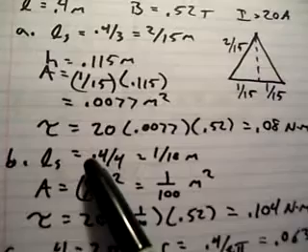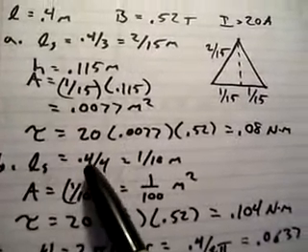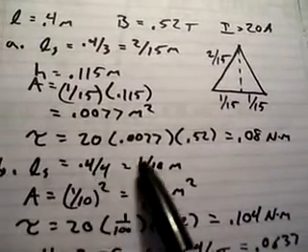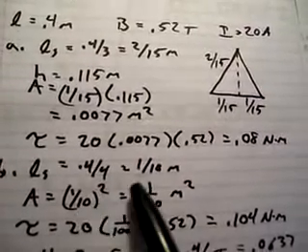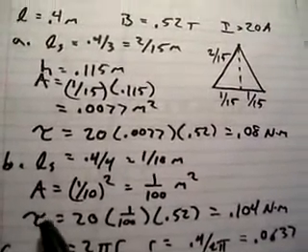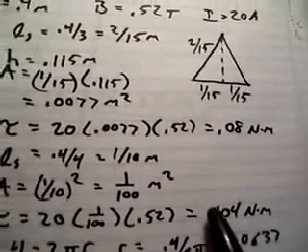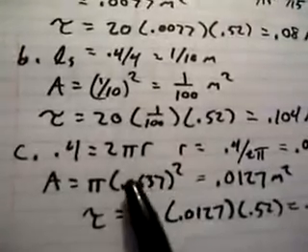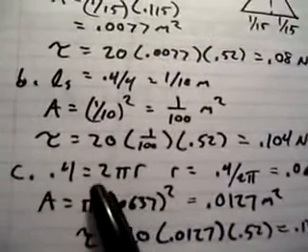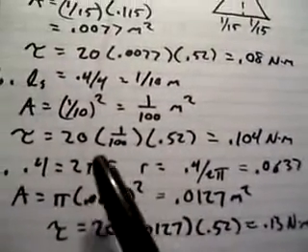We do the same thing with a square. I didn't draw it out because we know a length of a side is just going to be that 0.4 meters over 4, so 1/10 of a meter. The area is just going to be that squared. Use the same equation again, and we'll get 0.104 newton meters. This is where I left off for part 2, but basically it's the same thing.